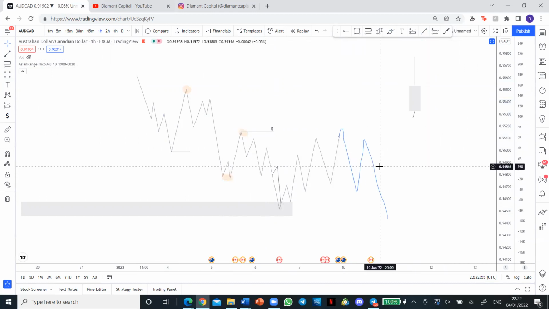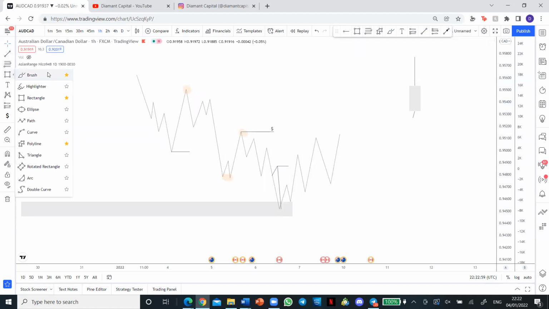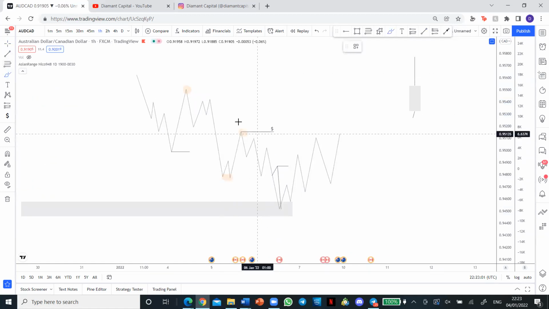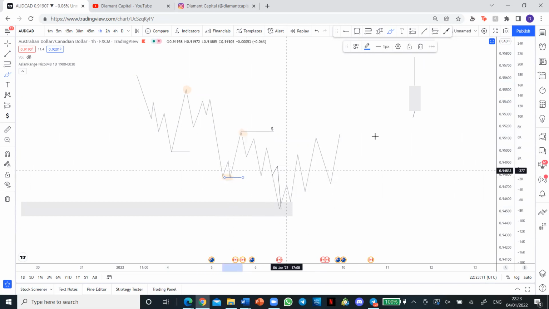However, if the situation is different and we have something like this, and remember, it's primary structure. So on the higher time frames, it's going to be pretty much the main retracement before the leg down. So the point that breaks this essentially.